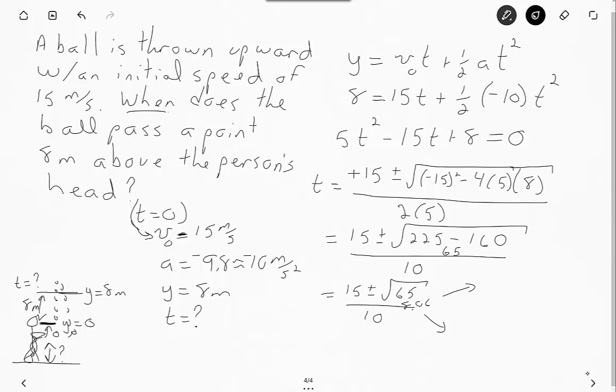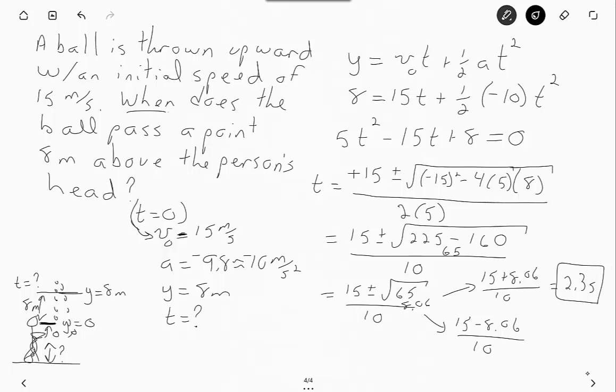So we have 15 plus 8.06 divided by 10, which gives us an answer of 2.3 seconds. Or we have 15 minus 8.06 over 10, which gives us 0.69 seconds.